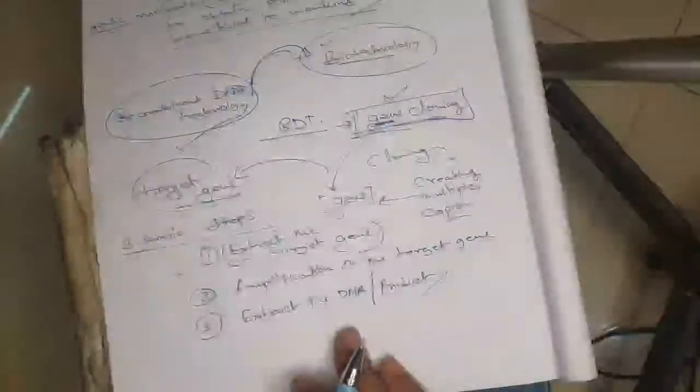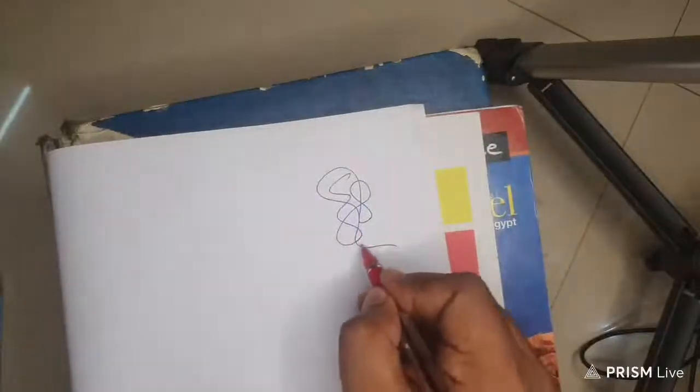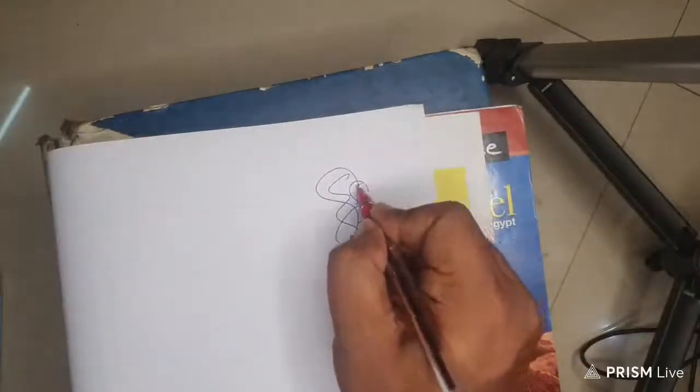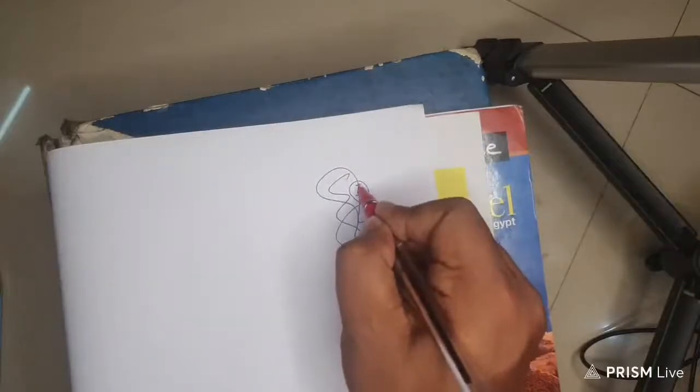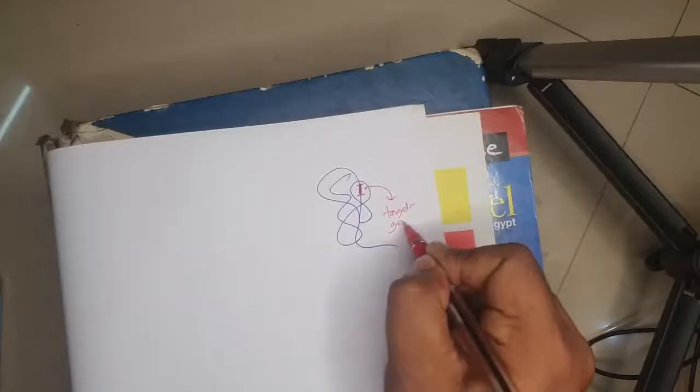Now, if I want to represent this diagrammatically, it would look like this. Suppose there is a gene segment, a genetic material. Suppose this is the gene of interest, from this point to this point. This is the target gene.